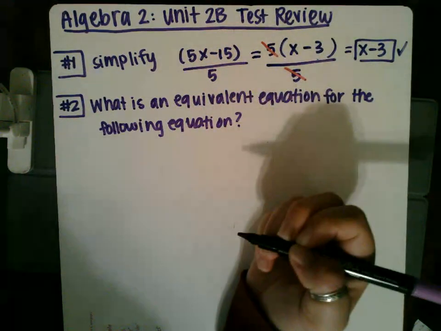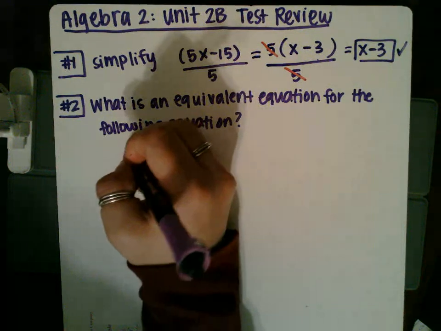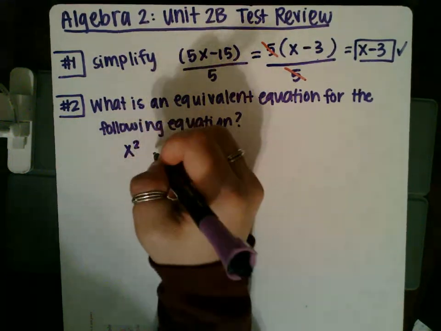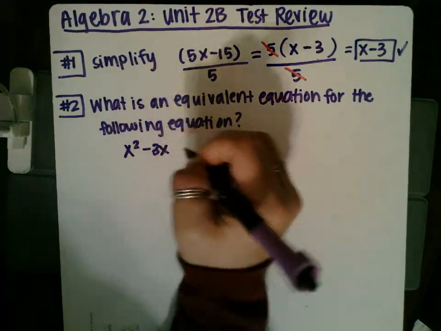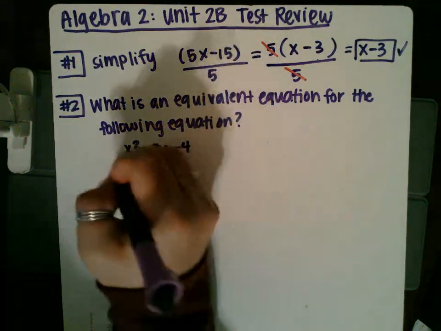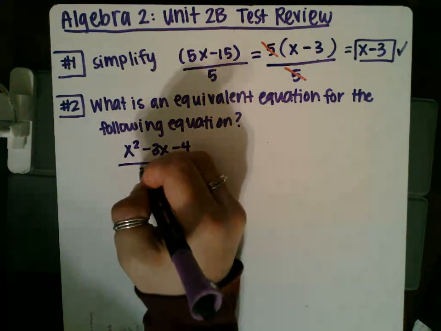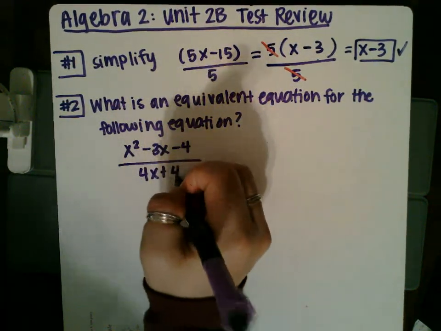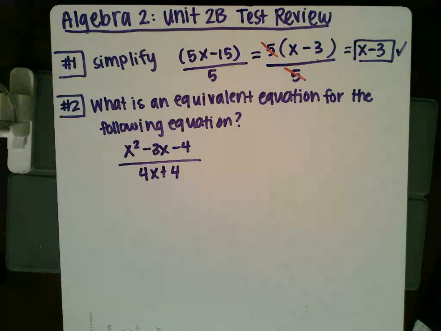And it gives our following equation as x squared minus 3x minus 4 all over 4x plus 4. So it says, what is an equivalent equation for the following equation?